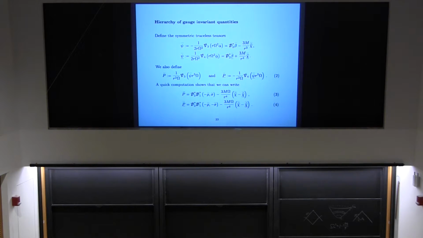So you have these quantities psi and psi bar, and then from psi and psi bar, you construct the quantities p and p bar by again applying another 3 derivative to the quantity psi, or a 4 derivative to the quantity psi bar. So what you've done in total is that p is some second order operator applied to the Teukolsky quantity alpha, and similarly p bar is a second order operator applied to alpha bar.